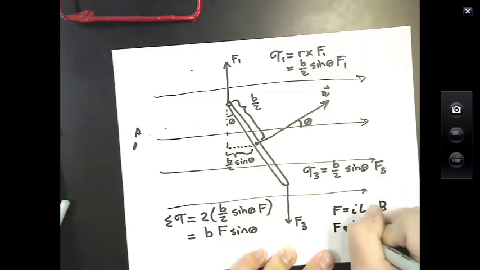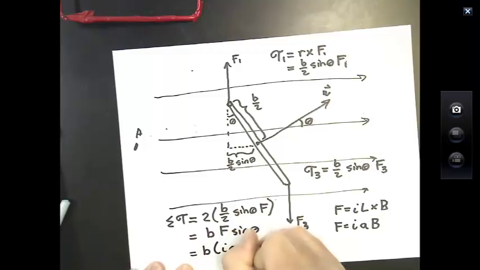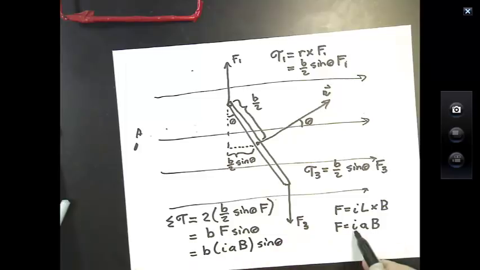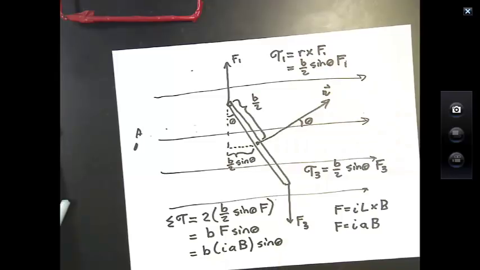So I'm going to say each of those forces is I A B. So check it out. The torque here, I've got B times I A B, where capital B is the B field, times the sine of theta. So this represents the current, times the length of the wire, times the magnetic field. I've got the length here, B, and I've got the sine of theta.